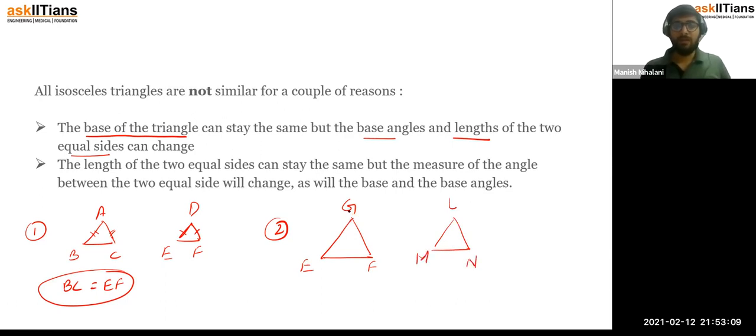So the length of two equal sides can stay the same, but the measure of the angle between the two equal sides will change, as will the base and base angles. These are the two important reasons why we say that any two isosceles triangles are not always similar, right?